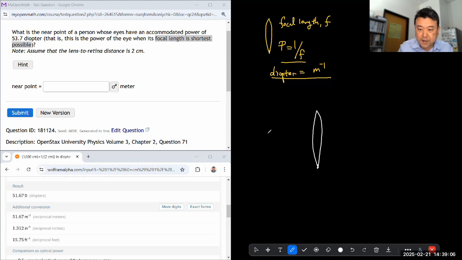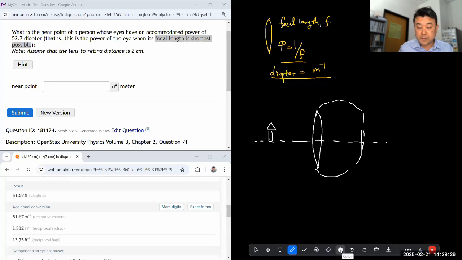You have the lens of the eye, and you have some object that you've brought to some close distance, and your eye has this roundish shape. There's a retina back here, and that's where your image will eventually form.